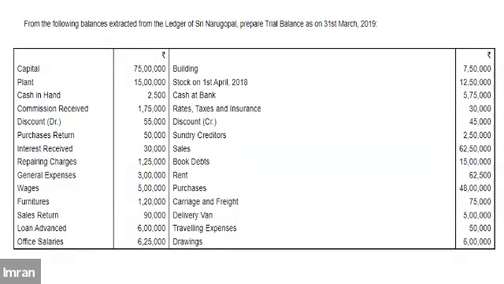Then loans and advances is a liability, office salary is an expense, building asset, opening stock always has a debit balance, cash at bank asset, debit balance, rates, taxes and insurance expense, sundry creditors, liability, sales revenue, bad debt expense, rent, it is an expense, purchases expense, carriage and freight expense, delivery van expense.